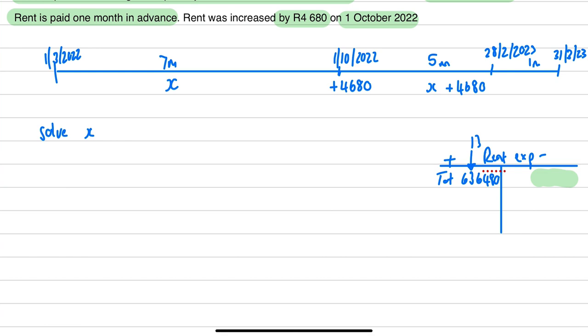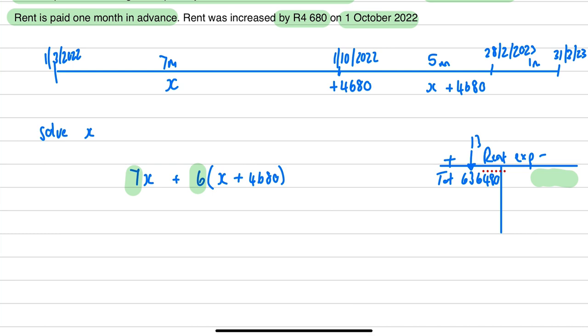That's why I would put them next to each other and say, for the 7 months we paid X, and for the 6 months we paid X plus an extra 4,680. For those 13 months, if you add 7 plus 6, you get 13.